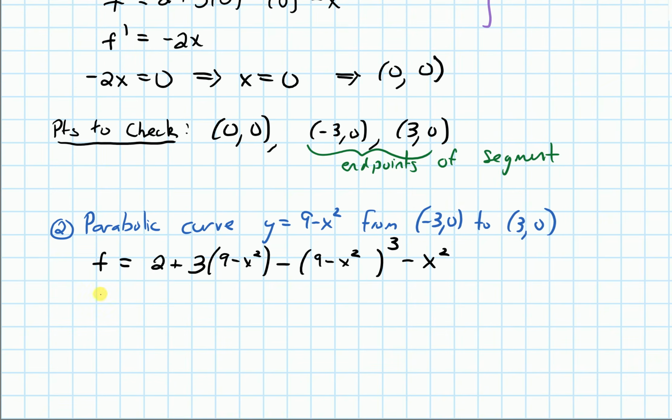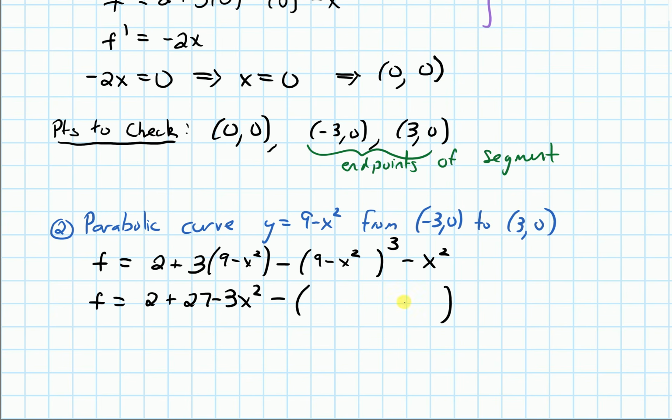Okay, so I'm going to first simplify this a bit. I'm going to expand this, combine some like terms, and then we'll take the derivative. So we get f equals 2 plus 27 minus 3x squared, if we distribute that 3. And then I have minus this next part cubed. To cube this, I could either just multiply it by itself 3 times, or if you know the binomial theorem, it gives us a shortcut.